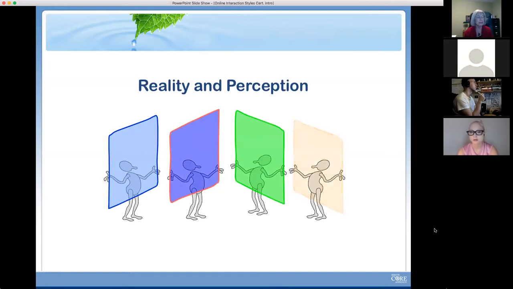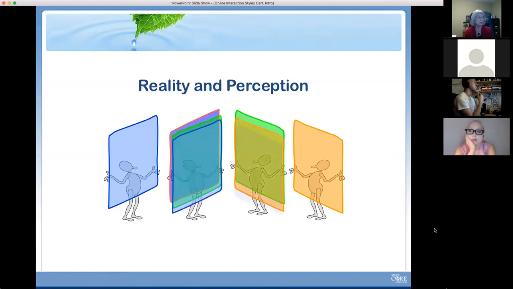Okay, so reality and perception. Here's the deal. If you had little pieces of plastic to look through, you can imagine yourself doing that. Now imagine you had some more. Now what happens here? You can see that, and I would elicit some responses from my participants. These are filters.